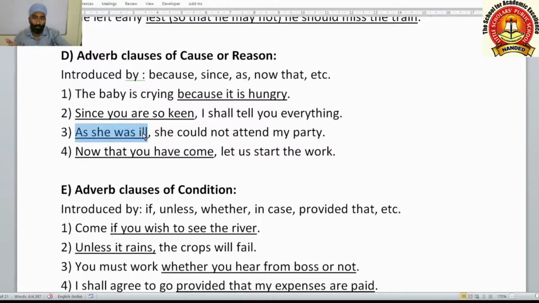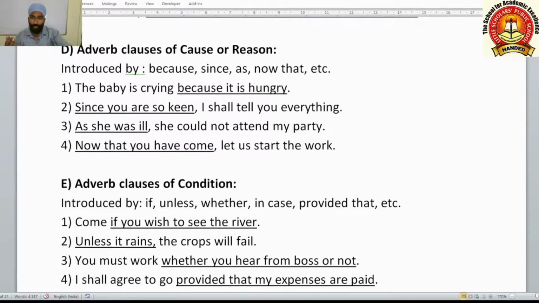She could not attend. Why? As she was ill. Because she was ill. Now that you have come, let us start the work. Why should we start the work? Because you have come. So this is how the conjunctions are used.